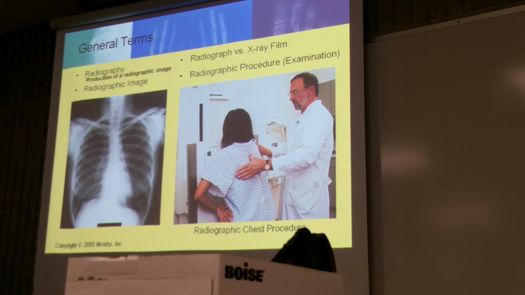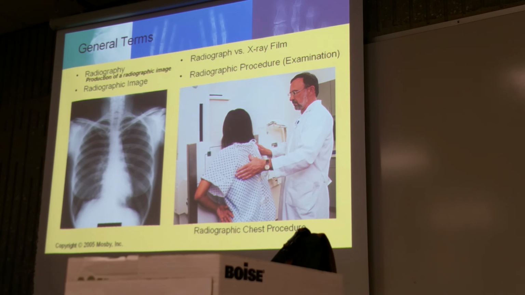And I was contesting that, you know, we kept going back and forth, should we keep the processor? I didn't want to let go of it because it's hard to teach theory if there's nothing to show you guys. Film was a good example of that. Anytime there were changes in your technical factors, your kV, your mAs, your distances, anytime there was a change or variation in those factors, you could also see it radiographically.